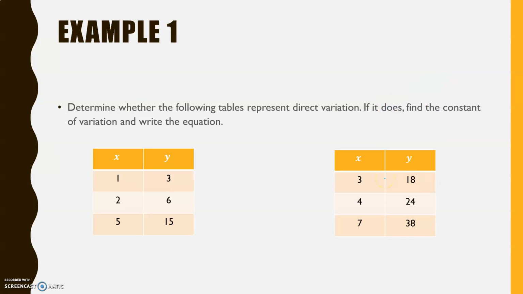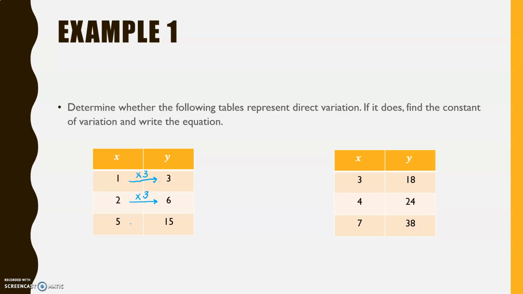So I'm going to look at each of these x values and say, how do I get from 1 to 3? To get from 1 to 3, I have to multiply by 3. I could also add 2, but that would not work for the rest of these. If I check here, if I said what's 2 plus 2, I would get 4 instead of 6.